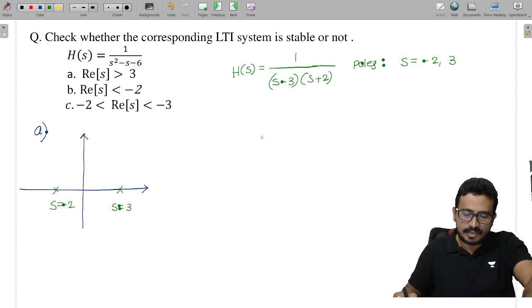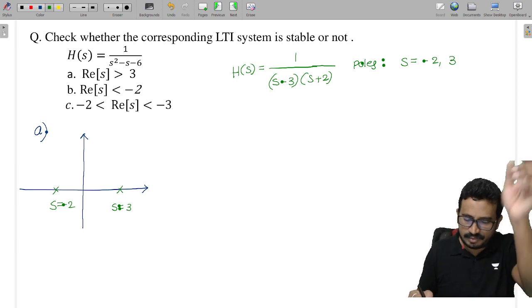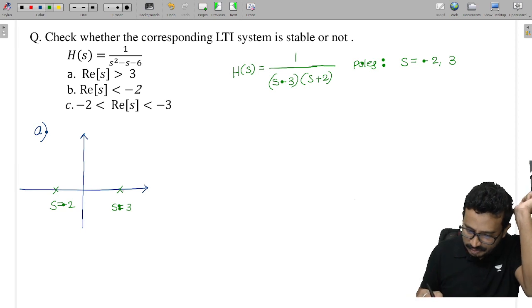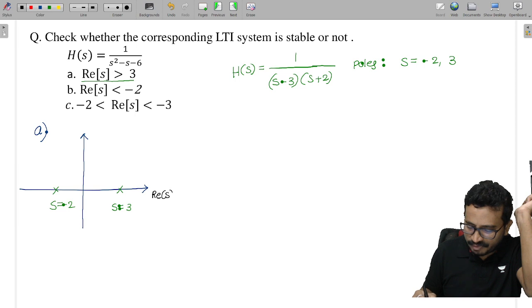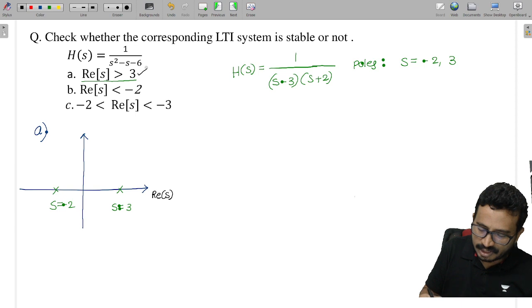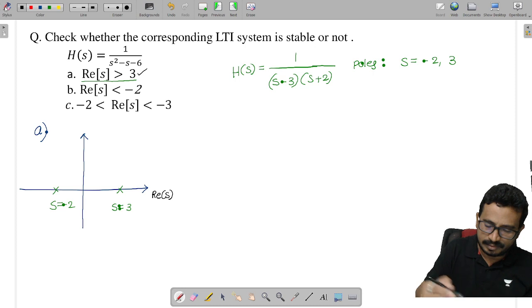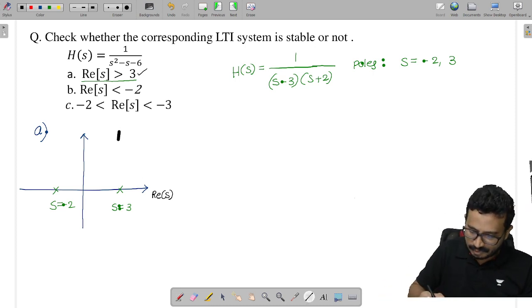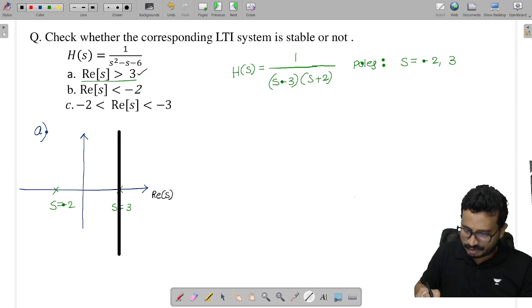Next, now you see carefully what the ROC of the system is. So here, ROC is the real part of S. This is the real part we should take, on the x-axis. The real part of S is greater than 3. Means, how is this ROC, see carefully. From here to here, so we will draw a line.